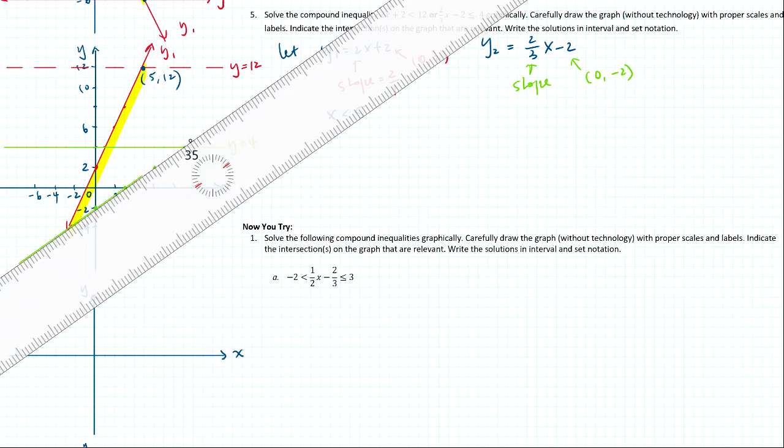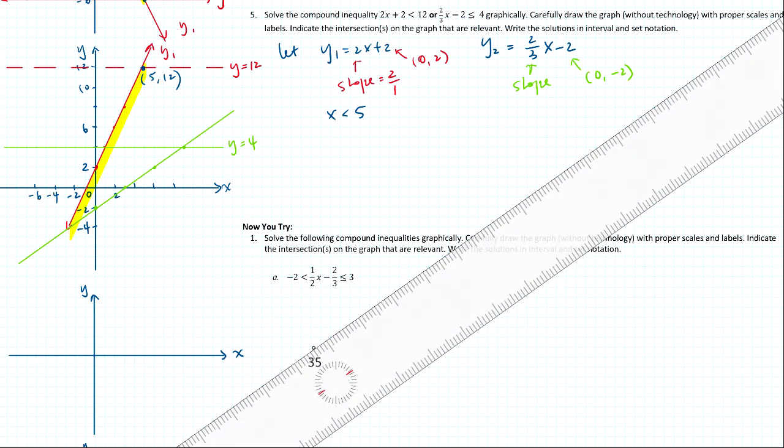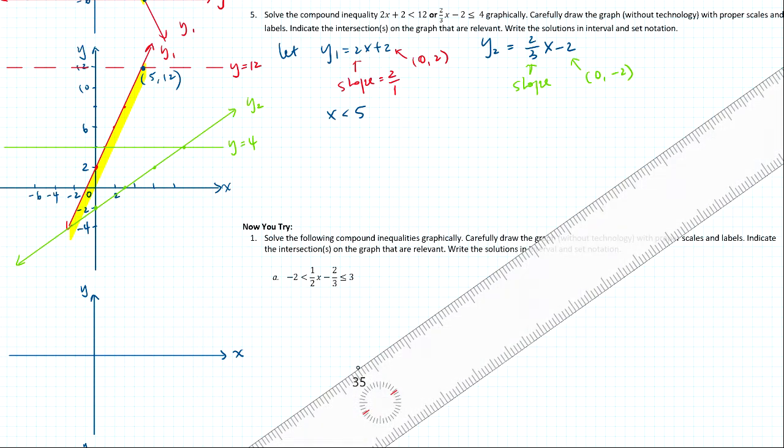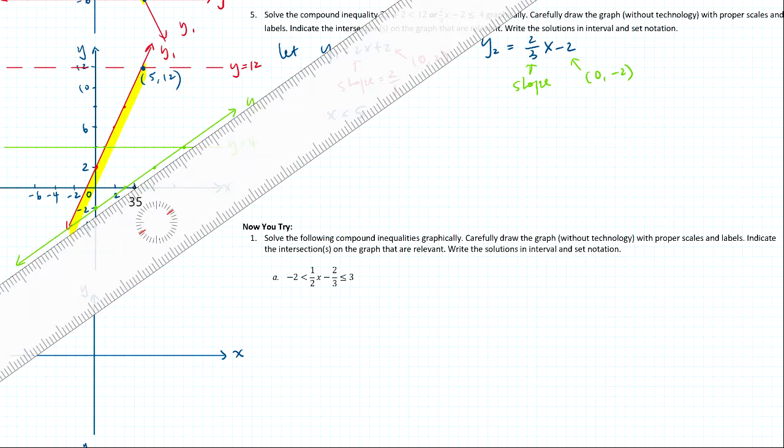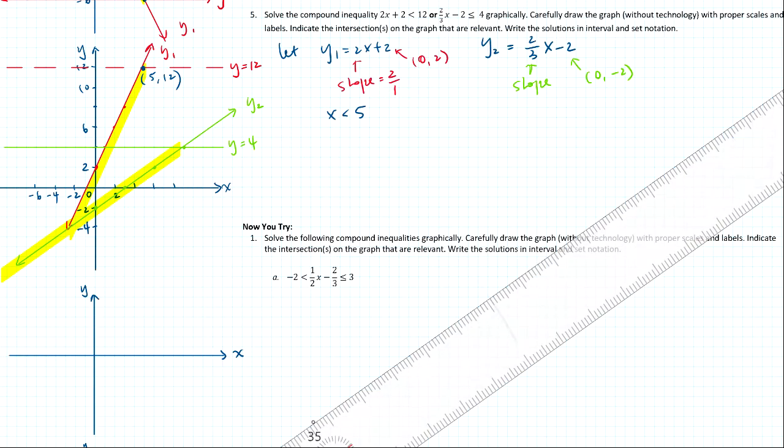But here, if we were to connect all the points, we would get this is our y2 over here. And if we wanted to stay below positive 4, we are highlighting this part of the line over here.